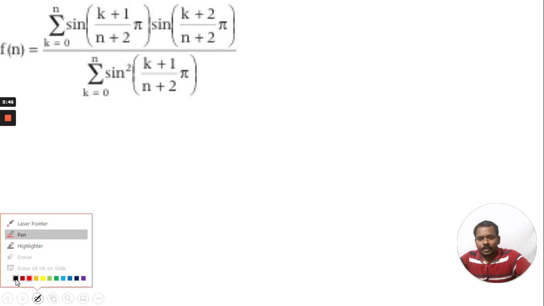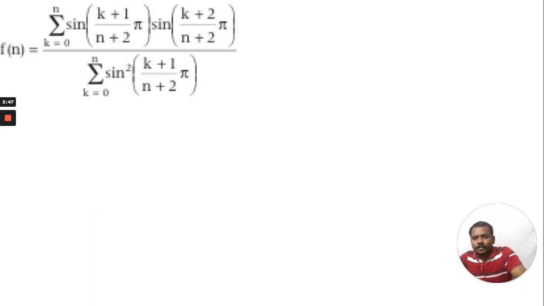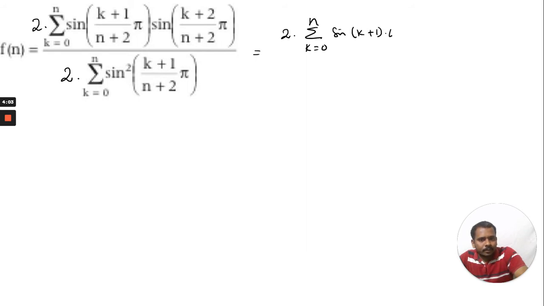Let's multiply the numerator by 2 and the denominator by 2, and rewrite this equation by taking pi by n plus 2 equal to theta, that is, sigma k equals 0 to n of sin (k+1) theta and sin (k+2) theta, right?